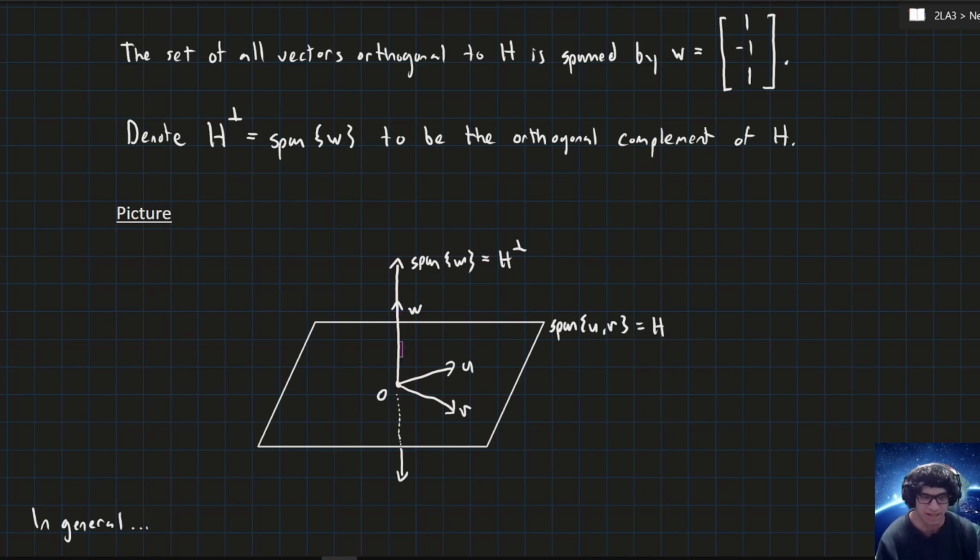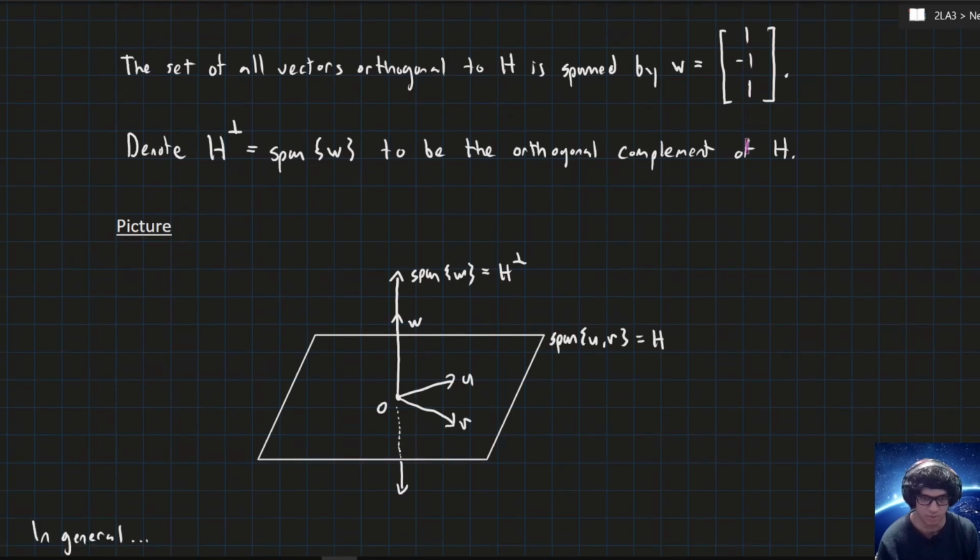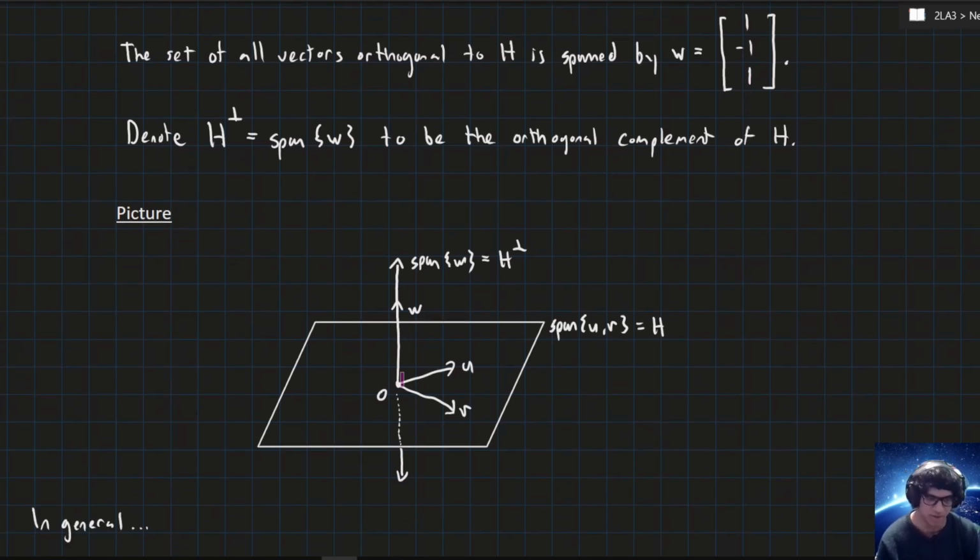And we computed that this W, this 1, -1, 1, this W will be perpendicular to every single vector in the plane. Okay, and further, every vector in the span of W is going to be perpendicular to every vector in the plane. Okay, and those are all the vectors that will be perpendicular to H.